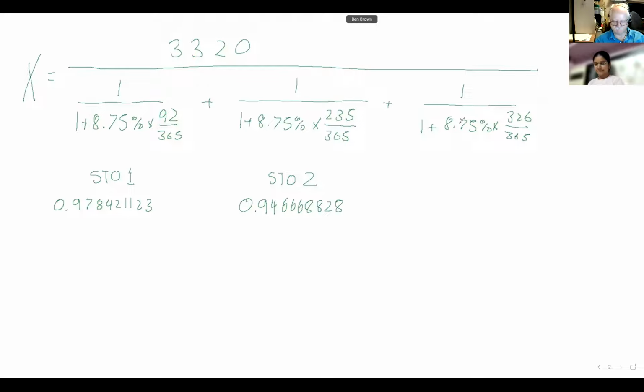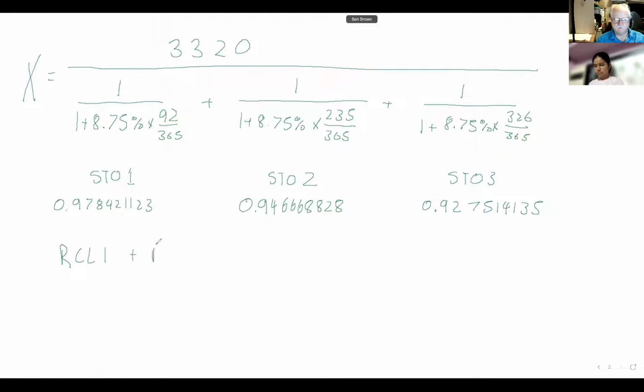And I'll do the same thing for the other one. 326 divided by 365 times 8.75% plus 1, hit 1 over X, and I'll store that in register 3. So STO3, and I'm storing 0.927514135.